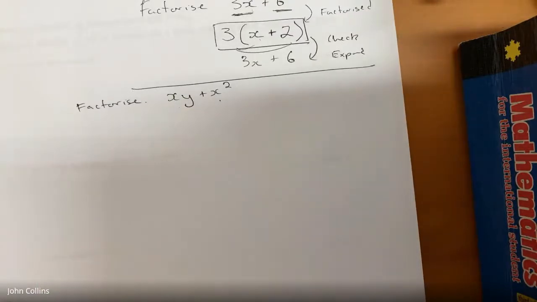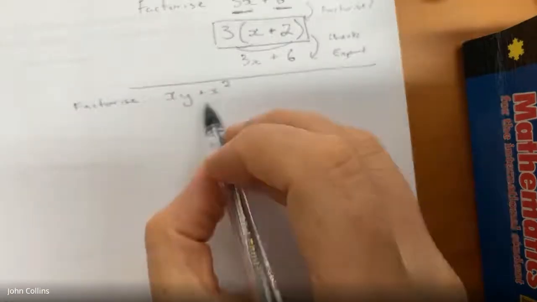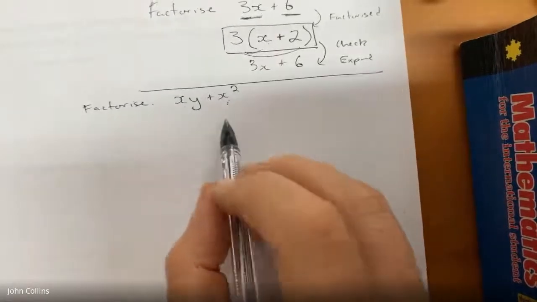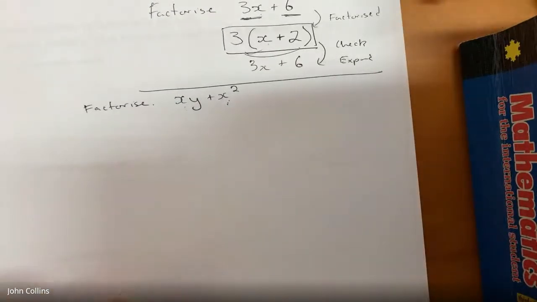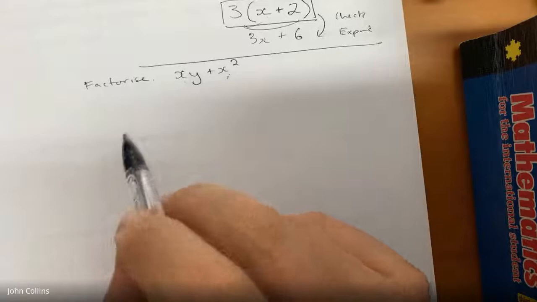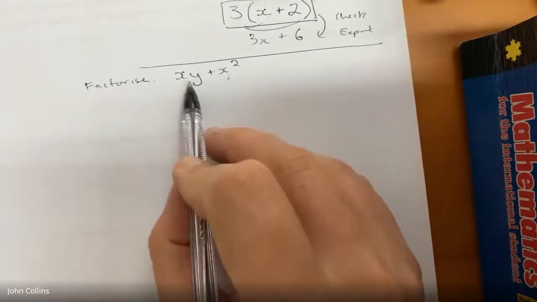Any letters common to both? X? Yeah, a few of you on X. Okay, because X is common to both, 1 is common to everything. So there's no point in taking out a factor of 1. 1 times everything is everything. So factoring 1 is no good to us. But X is common to both, which I can factor out.